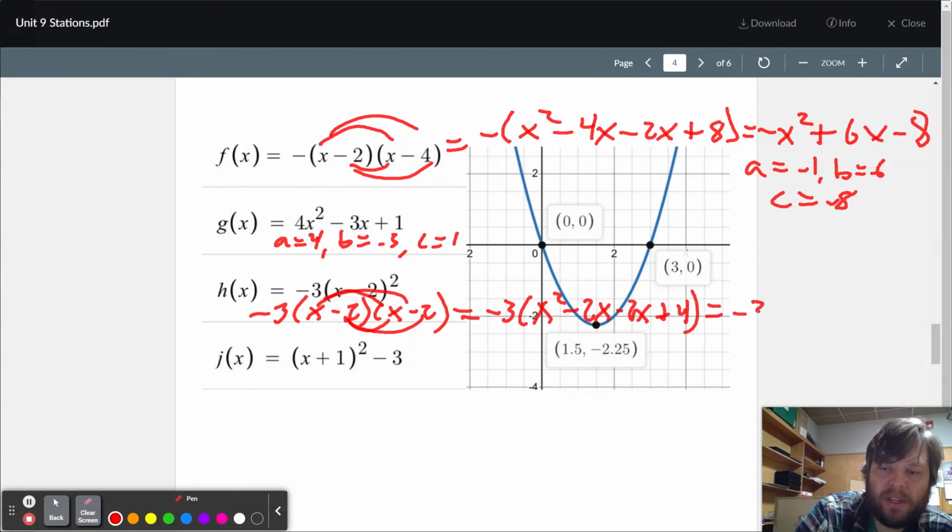Then we'll use this. 0 equals a times 3 squared plus b times 3. And I'm going to leave off c because it's equal to 0 anyway.